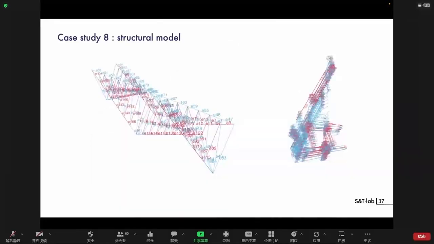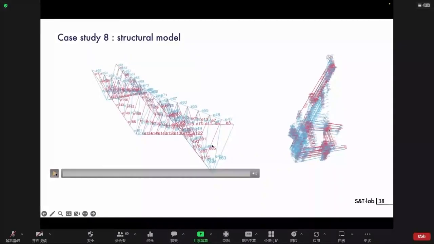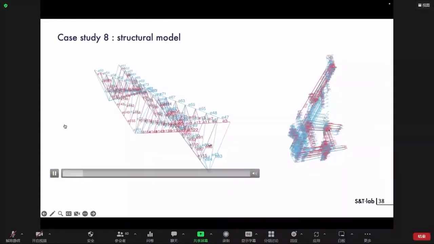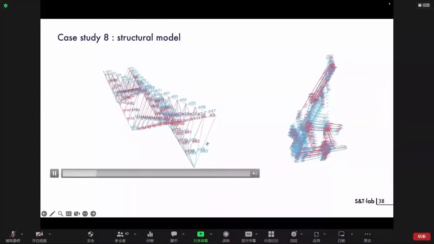And you can see the 3D model, the form diagram of one piece of the roof, very complex also to create and manipulate, but it works. It's a full 3D model, and you can see how the form diagram is in 3D.